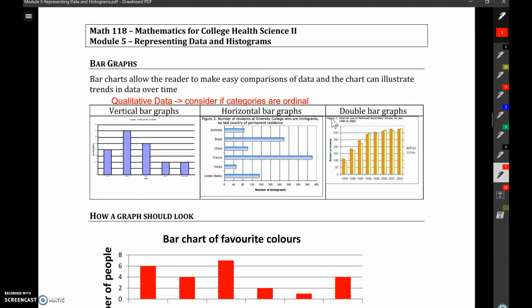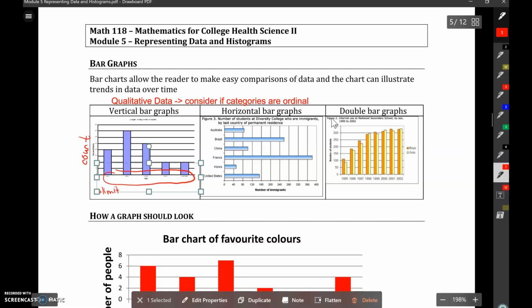With vertical bar graphs, we see the categories on the x-axis and then the count up the vertical axis. Vertical bar graphs are great for representing different values, but there's limited horizontal space for names.